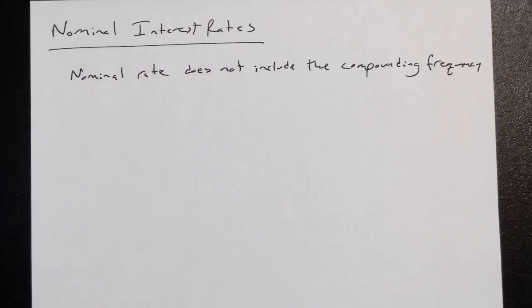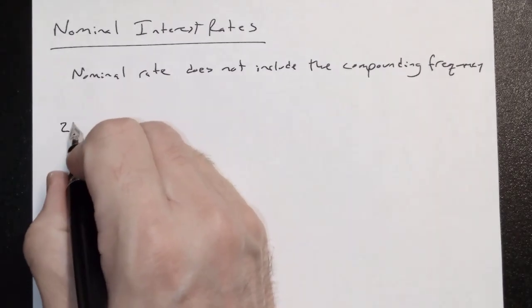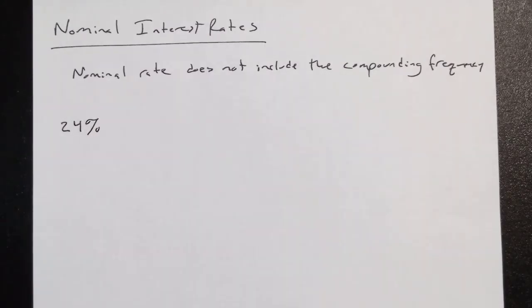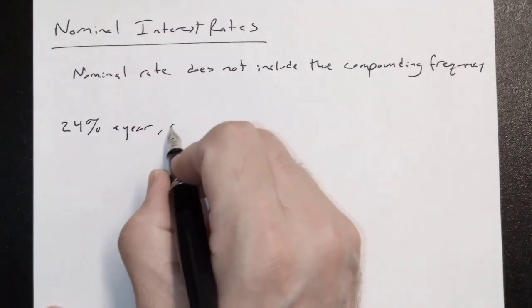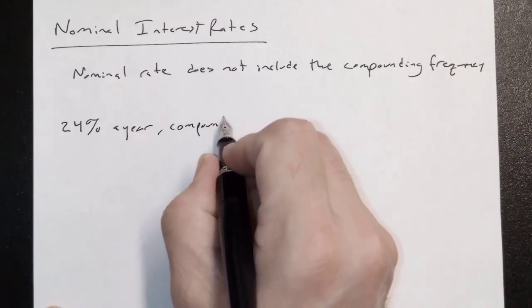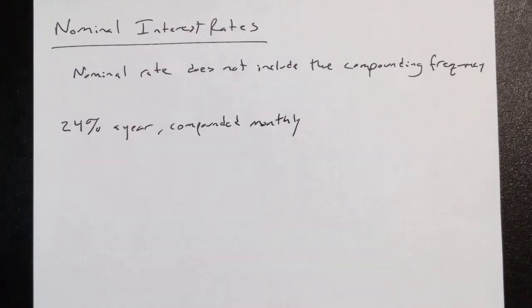But let's think about this like a credit card. Suppose my credit card names a rate of 24% a year, compounded monthly.